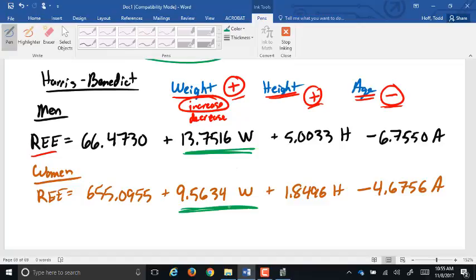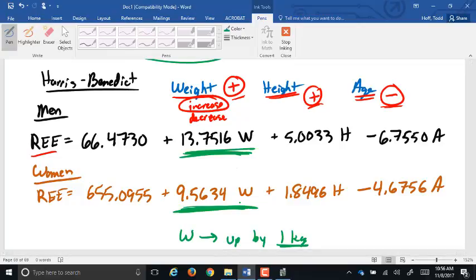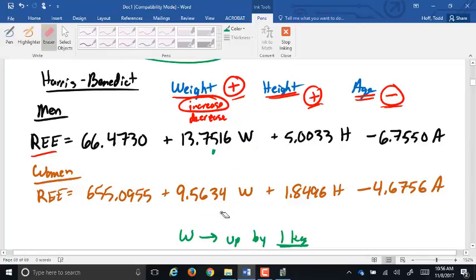If the weight goes up by 1 kilogram, would that have more of an effect on the resting energy expenditure for a male or for a female? Well, look at the numbers before them. I kind of gave that one away, didn't I?